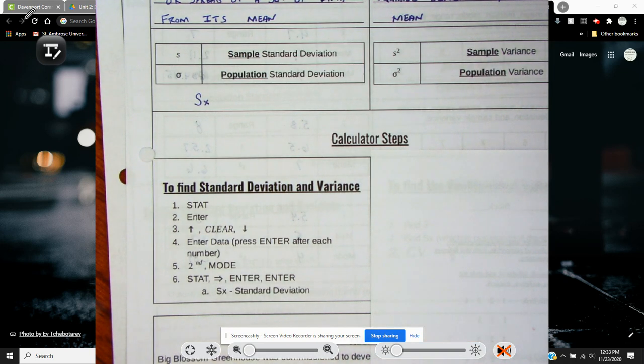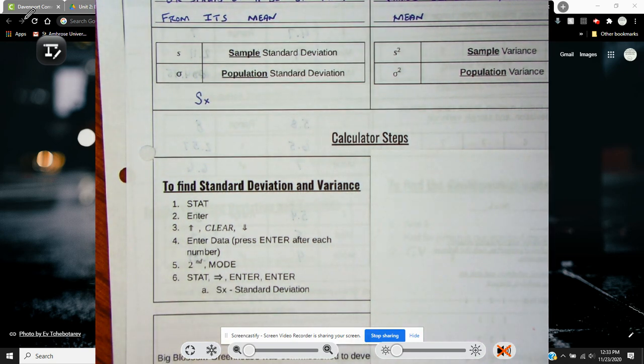Your calculator will do the other steps for you. You're going to hit Stat, then Enter. Move up, hit Clear, move down. Once again, that clears out any data that you have in that list. Then enter the data, hitting Enter after each number. Second Mode to quit out.